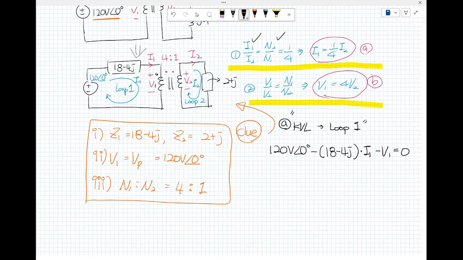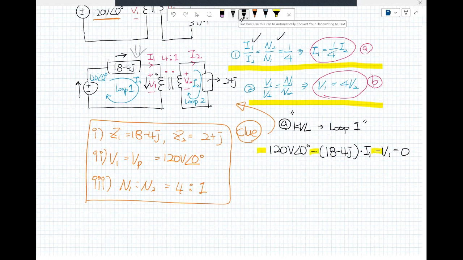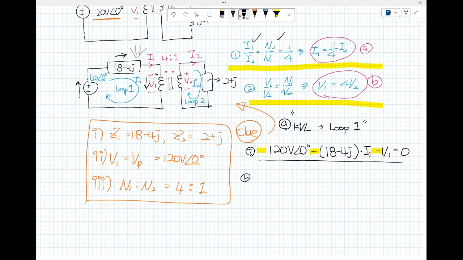Why? Because that was step up, voltage drop, step down. So this is plus minus minus. Okay, makes sense? And from the equations here, we got V sub 1 is 120 volt minus 18 minus 4j times I sub 1.